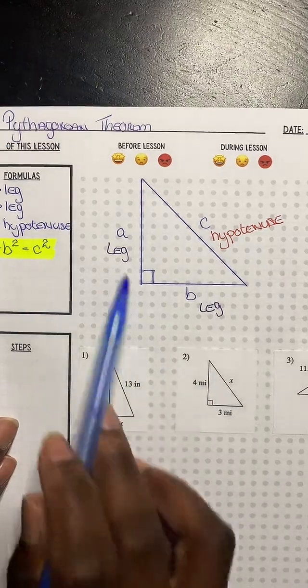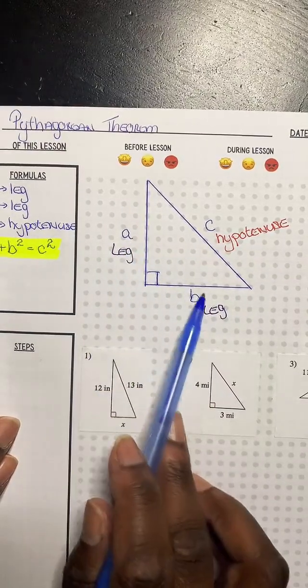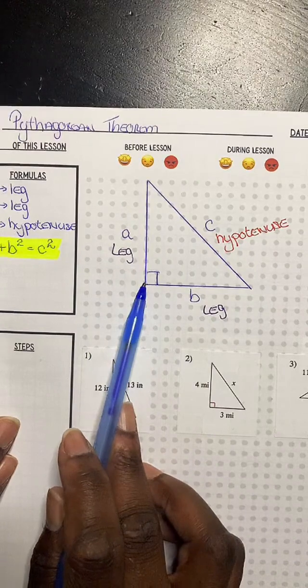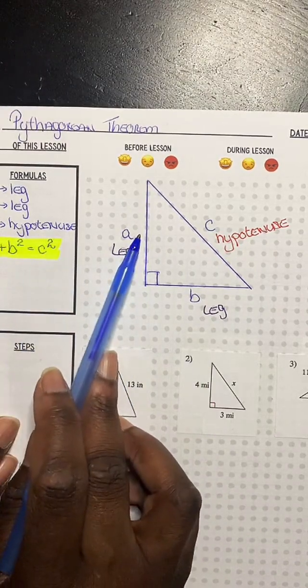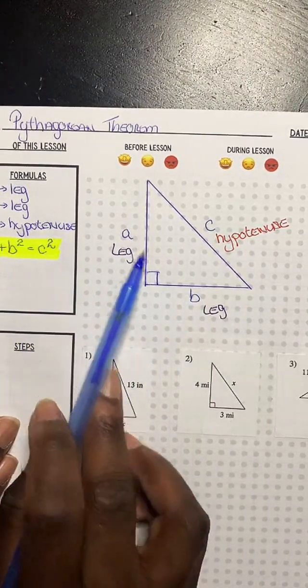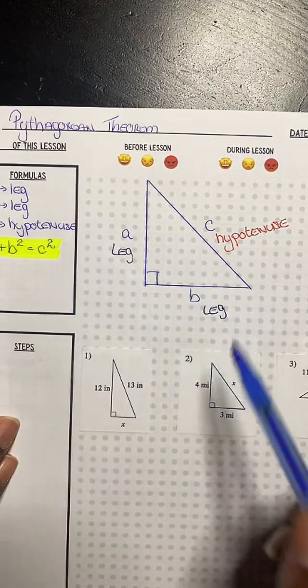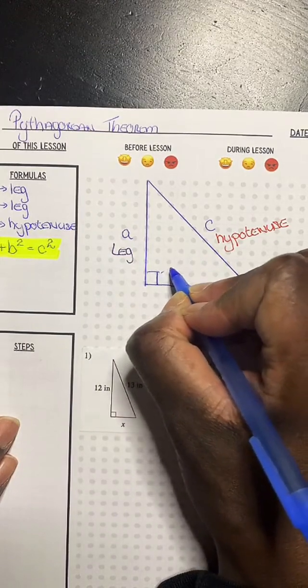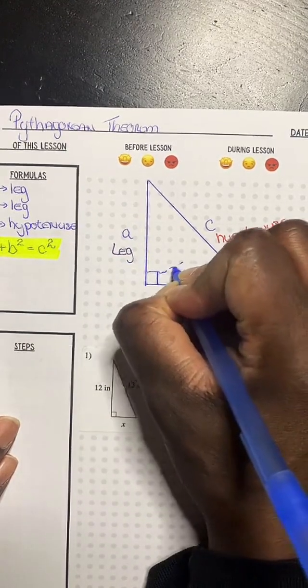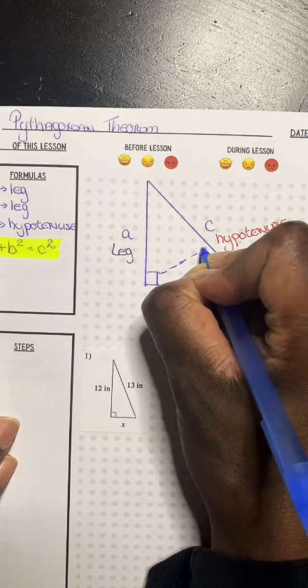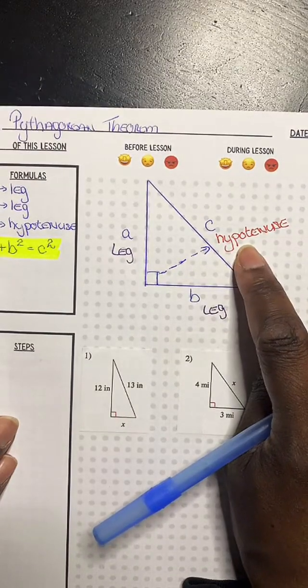Now, these two sides that are adjacent, right next to the 90-degree angle, are called your legs. The side that's always directly across from the 90-degree angle is called your hypotenuse.